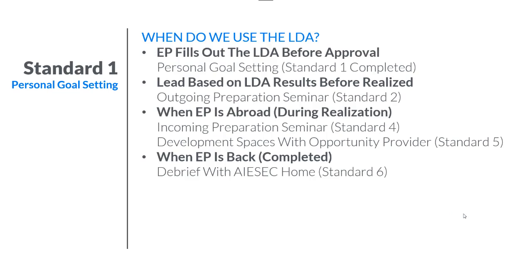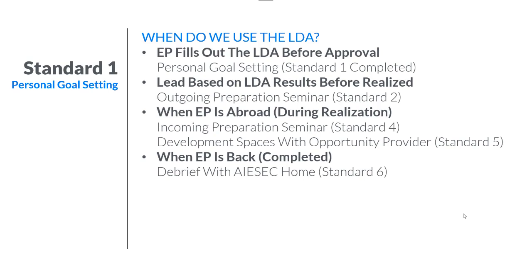First, the EP fills out the LDA before approval, during the personal goal setting. That is standard number one. Then, leading based on the LDA results before the realization, basically the outgoing preparation seminar, is standard two.